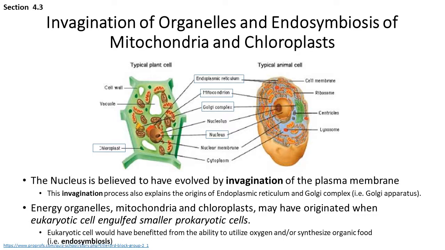Energy organelles, like mitochondria and chloroplasts, may have originated when a eukaryotic cell engulfed smaller prokaryotic cells. The eukaryotic cells would have benefited from this ability to utilize oxygen and or synthesize organic food, endosymbiosis.